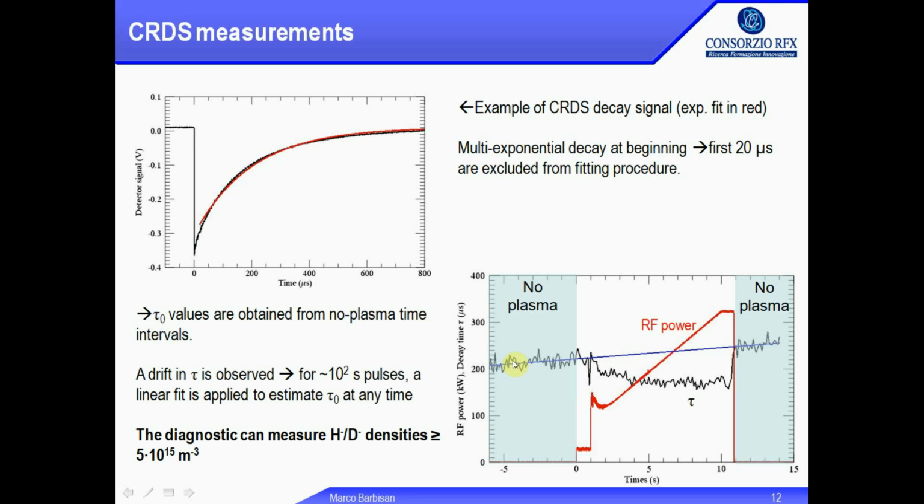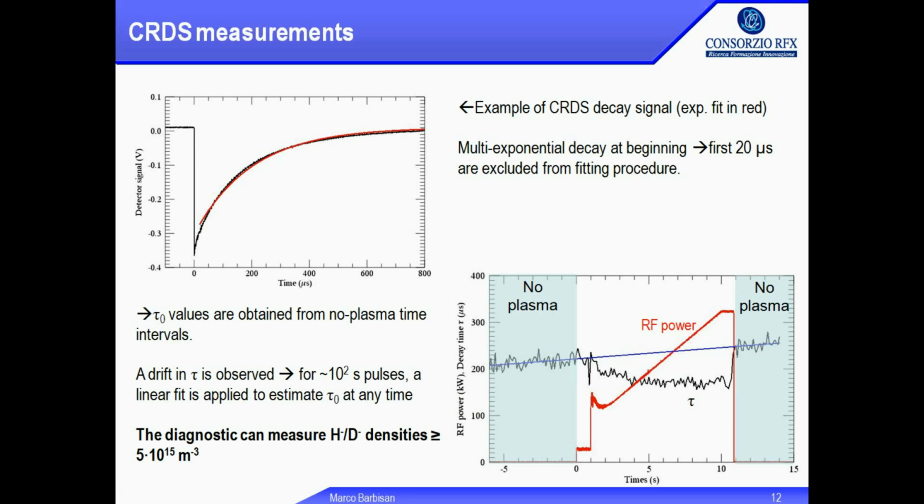On the bottom right corner, you can see the time evolution of the measurements of tau. For each pulse, the value of tau is measured before switching the plasma on and after the switch off of the plasma, so that there are enough values to calculate tau zero.